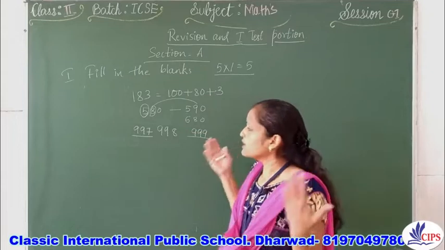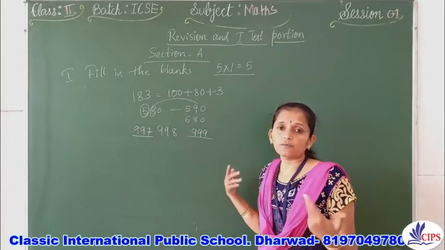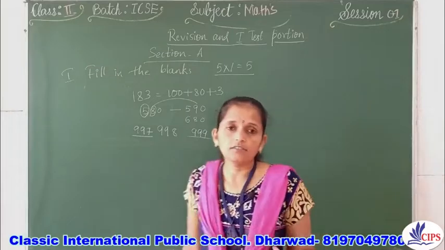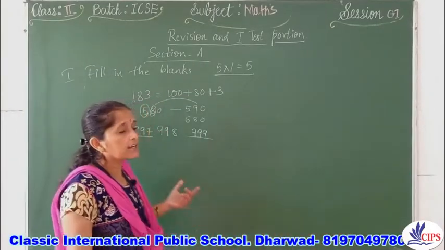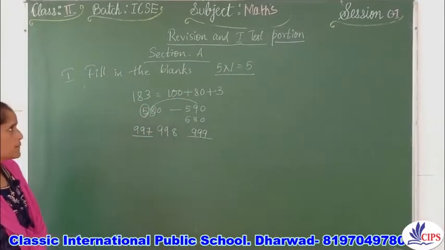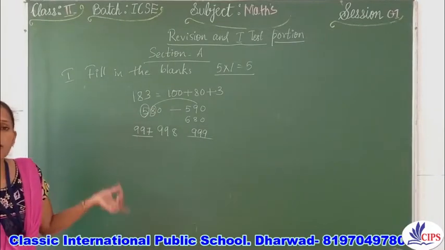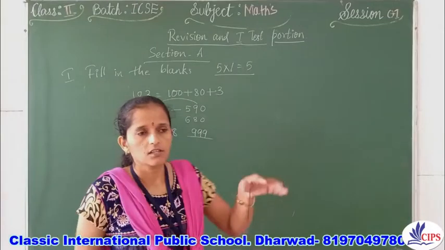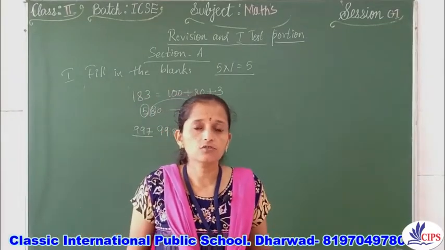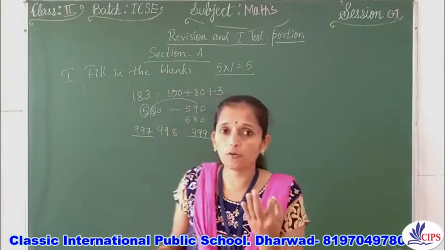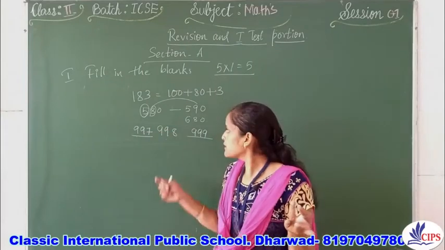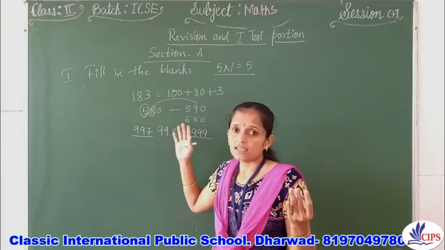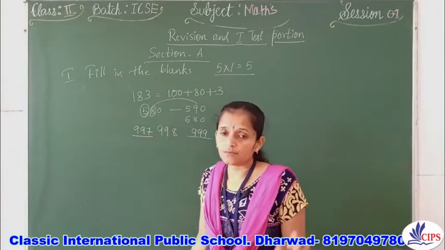You can create your own question paper and practice. Whatever comes, I have written the same way. You need to take any number and go on doing that. All this is included in your 5 fill in the blanks. Understood? Number names, place values, standard form, expansion form, after number, before number, how many hundreds, tens, ones, number names, especially spellings.